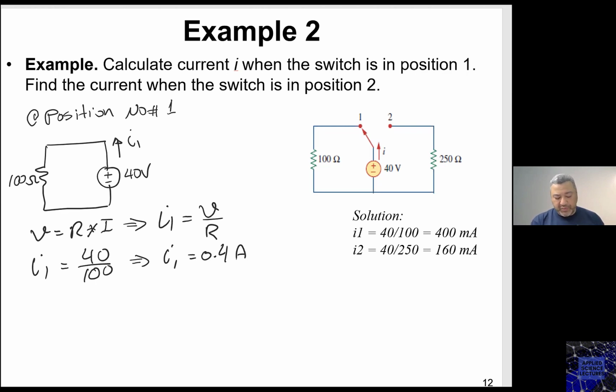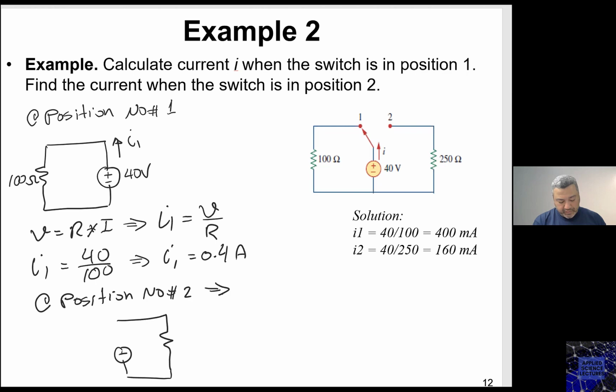Now what happens when my switch moves to position number 2? I have my circuit looking now like this. I have the same voltage, right?